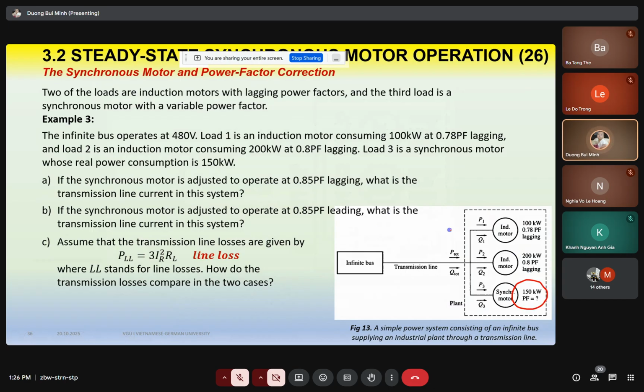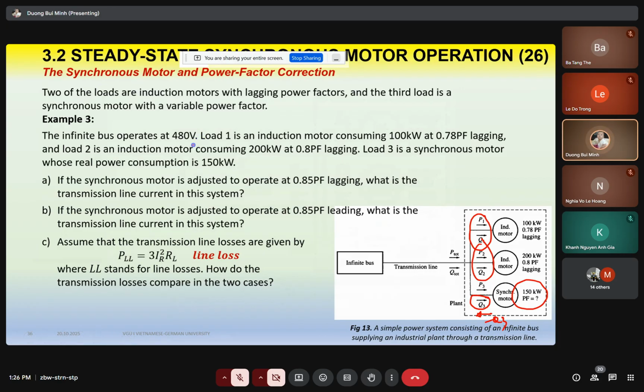Induction motors always consume P and Q. If we observe, the arrow comes from the power system to the motors. But this one is a synchronous motor, so maybe it consumes Q3 or rejects Q3. We don't know. We need to read example 3.